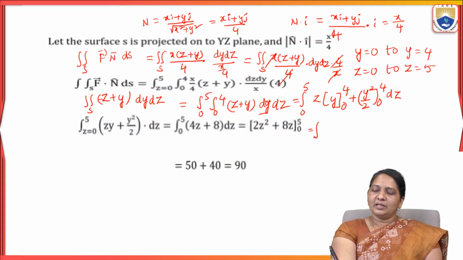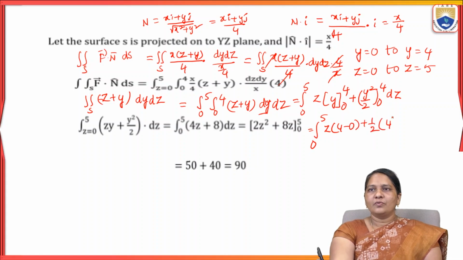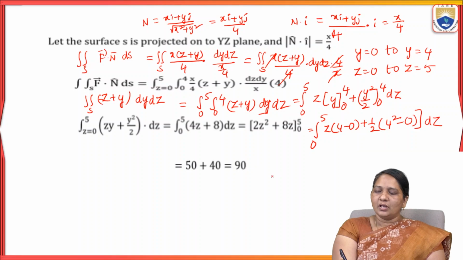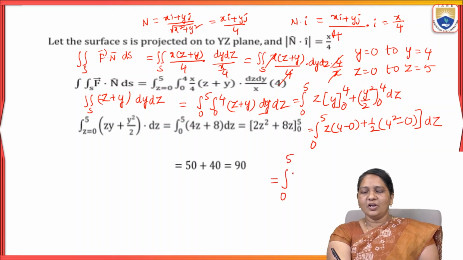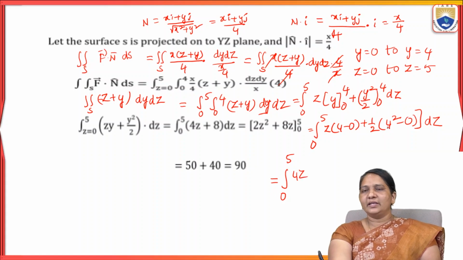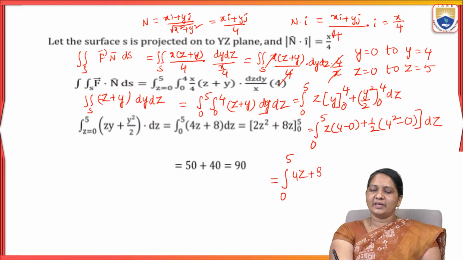So integral 0 to 5 of z into (4 minus 0) plus 1 by 2 into (4 square minus 0) dz. Now this is integral 0 to 5 of 4z, plus 4 square by 2 is nothing but 8, dz.